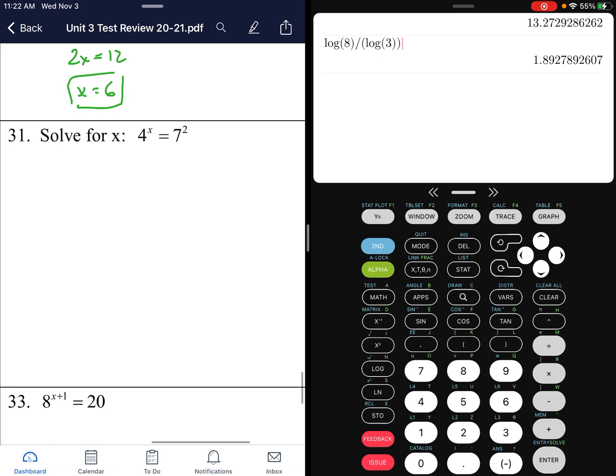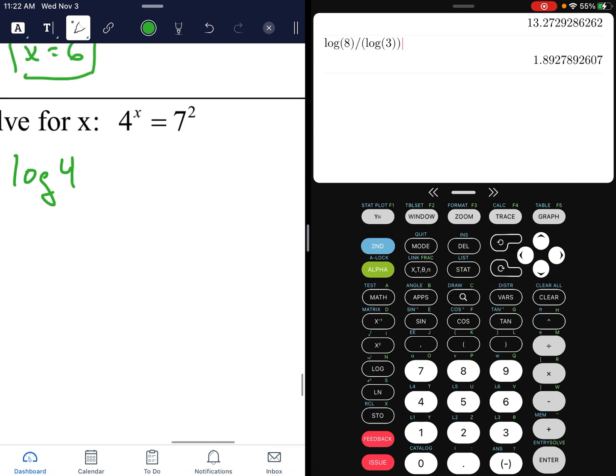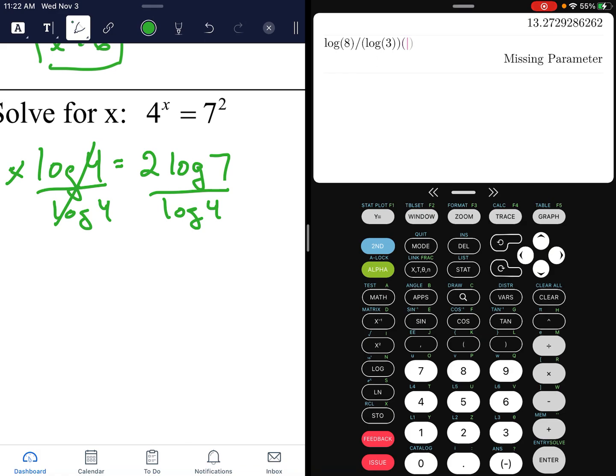All right, number 31 here. Same idea. We're going to have x log of 4 equals 2 log of 7. We're going to divide both sides by log of 4. So when we put this in the calculator, I'm going to put the top in parentheses as well.